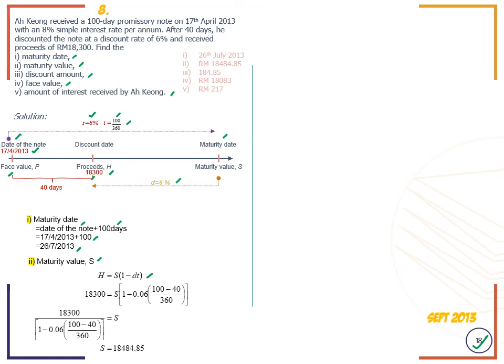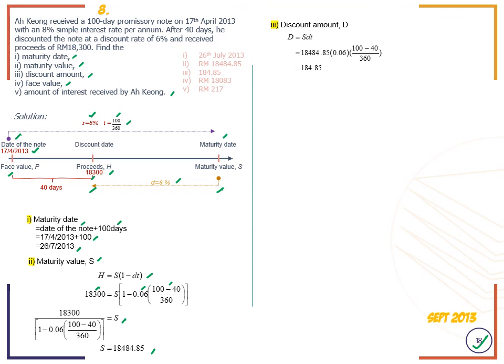Replace the value of proceeds with 18,300, discount rate 0.06, and T from the discount date until the maturity date is equal to 100 minus 40, and then divide by 360. So solve for S. Therefore, the maturity value is equal to 18,484 ringgit 85 cent.